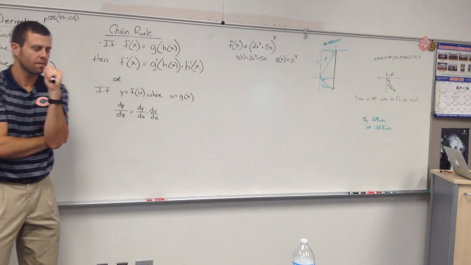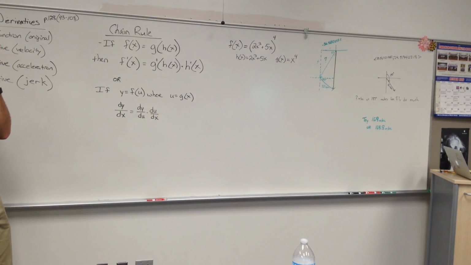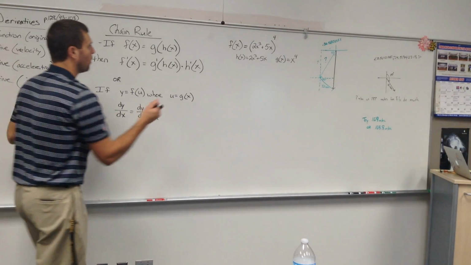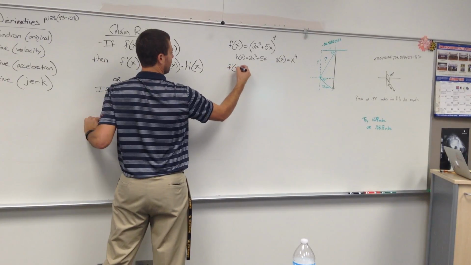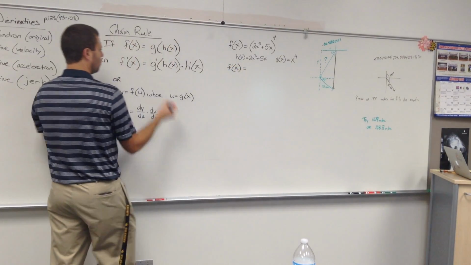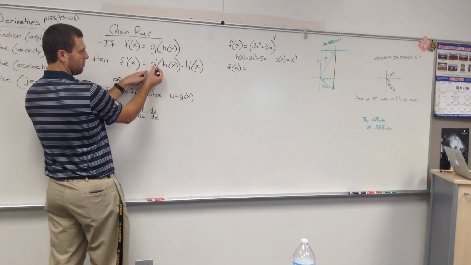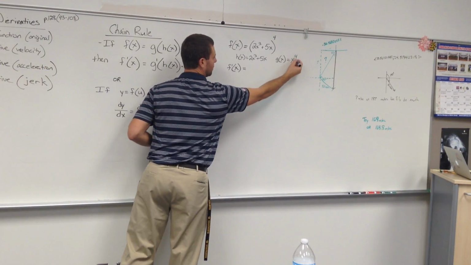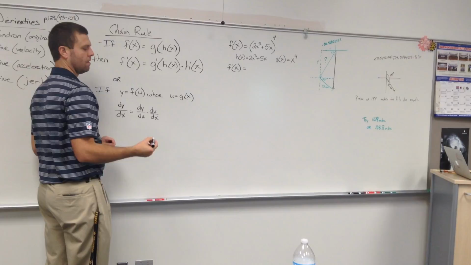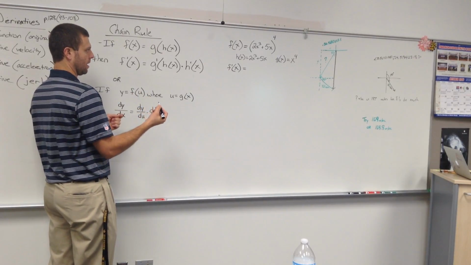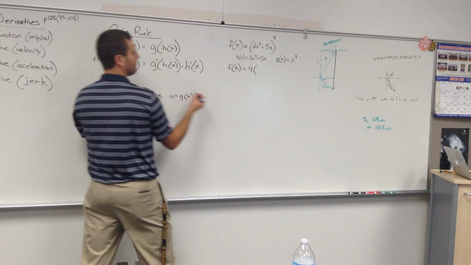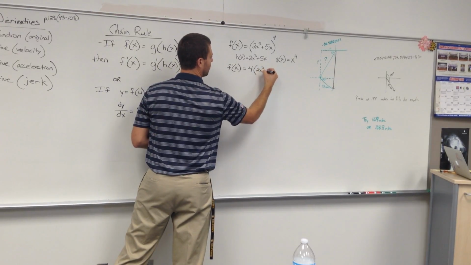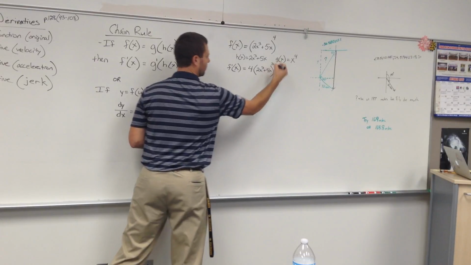You agree? Okay, so now, using the chain rule, f prime of x will equal g prime. Well, how are you going to do g prime? 4x to the third. But instead of writing 4x to the third, I'm going to write 4 times 2x cubed plus 5x, to the third.